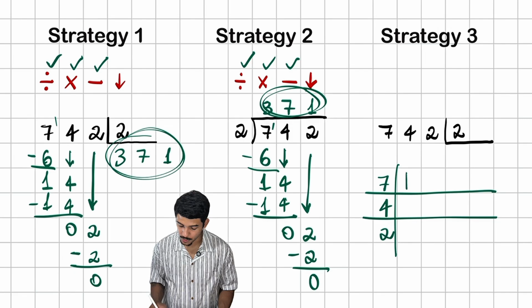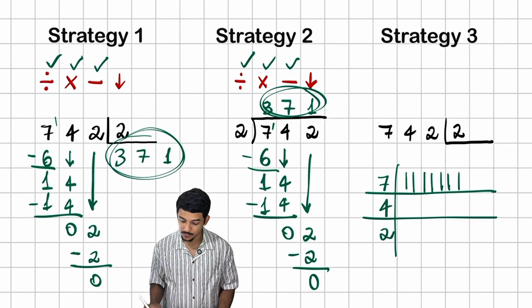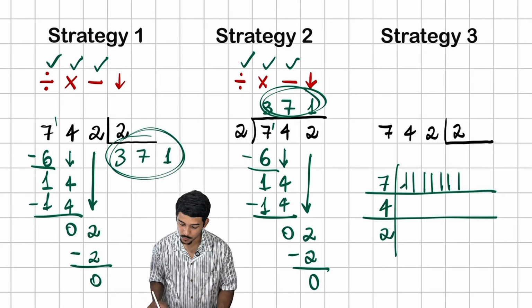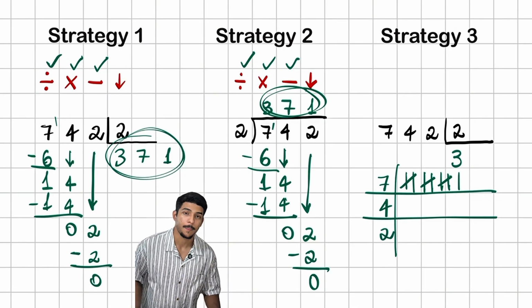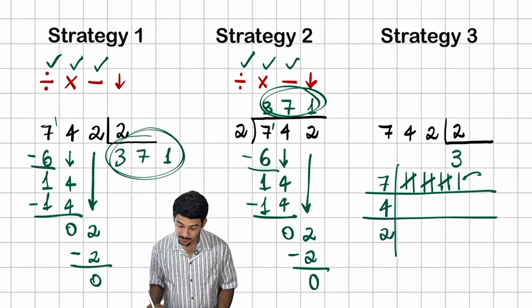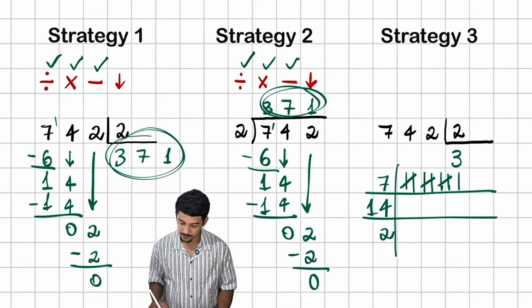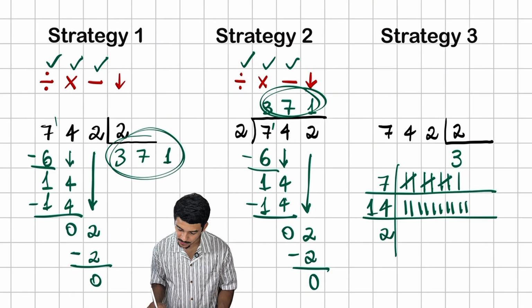7: 1, 2, 3, 4, 5, 6, 7. We are dividing by 2, so let's make groups of 2. 1, 2, 3. 3 right here. 1 remains. This one you add right here, 14. 1, 2, 3, 4, 5, 6, 7, 8, 9, 10, 11, 12, 13, 14.